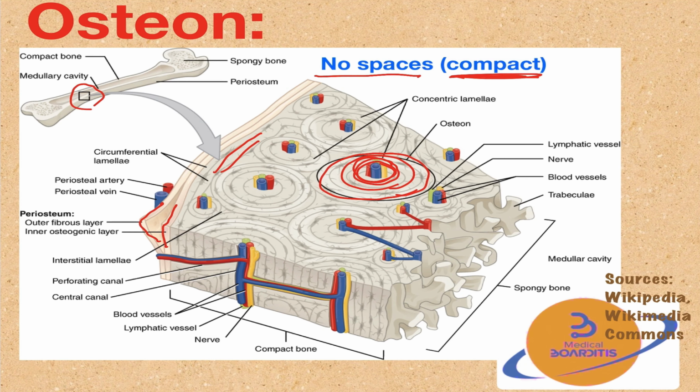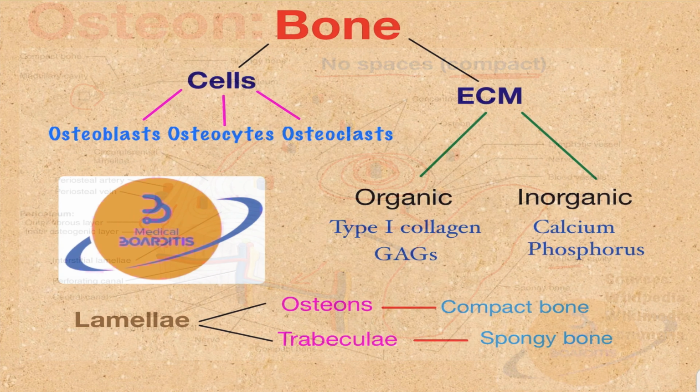Connecting these central canals together we have these perforating canals called Volkmann canals, and then from the inside you can see the presence of spongy bone, and then the endosteum, and then the medullary cavity.